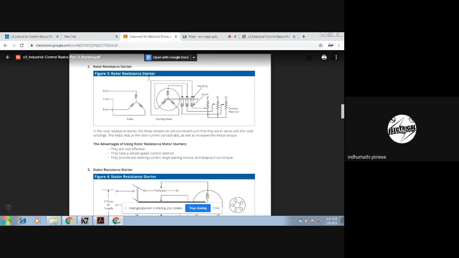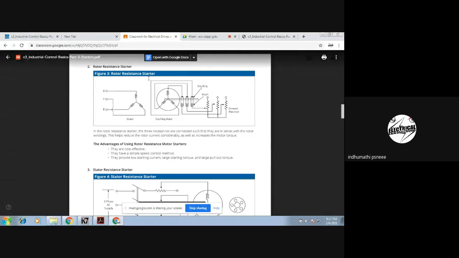The main disadvantage is that the starting current is a little high. While maintaining the starting current, the voltage is also reduced. This is the benefit of that one.